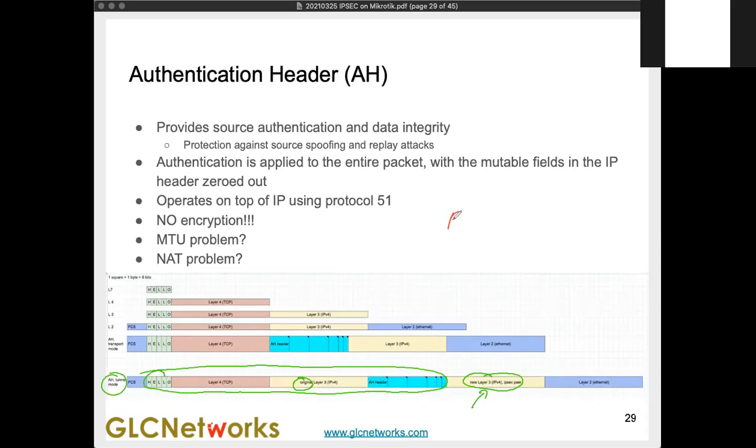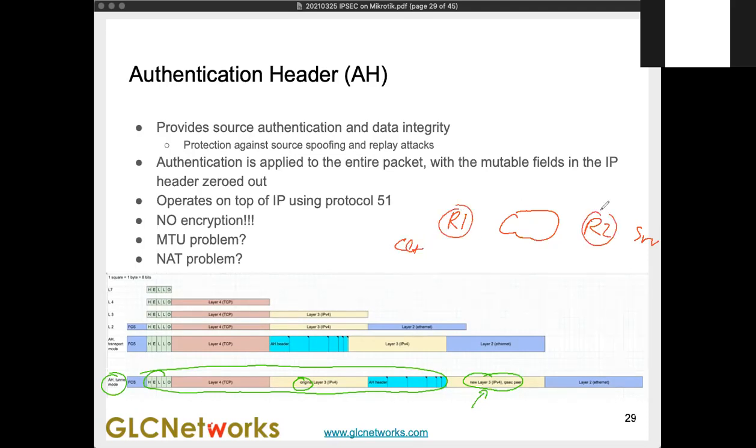So you have router 1, and then here's the internet. And then you have router 2, right? And then here you have a server, SRV, and then you have a client here, CLT.